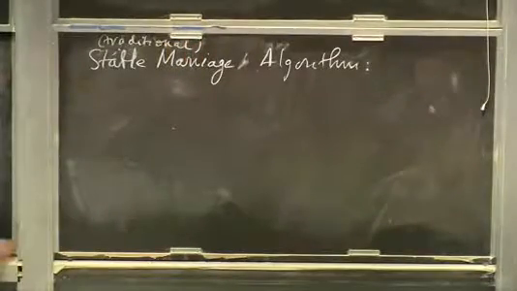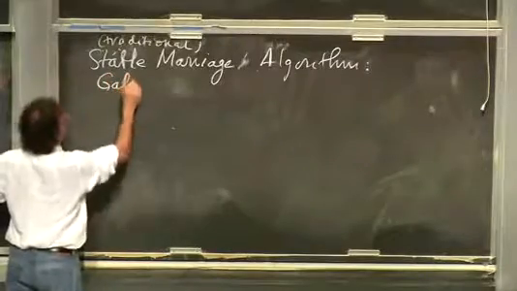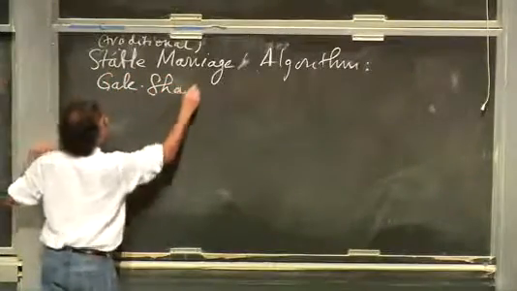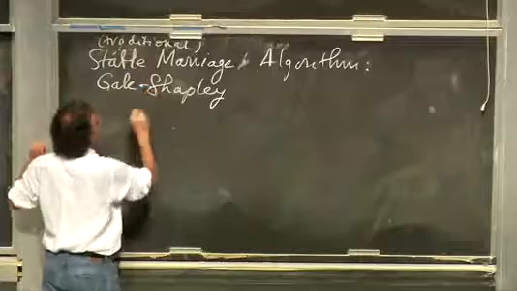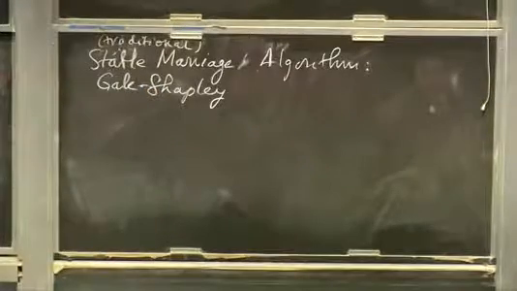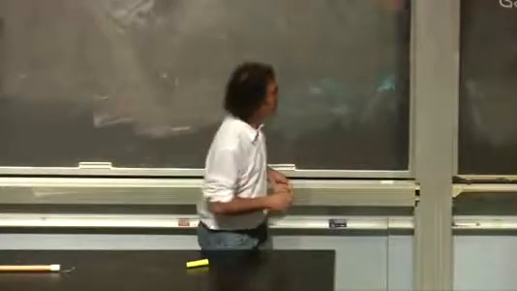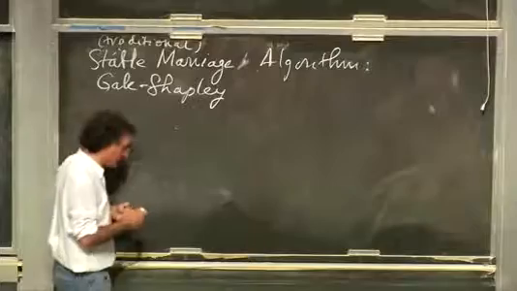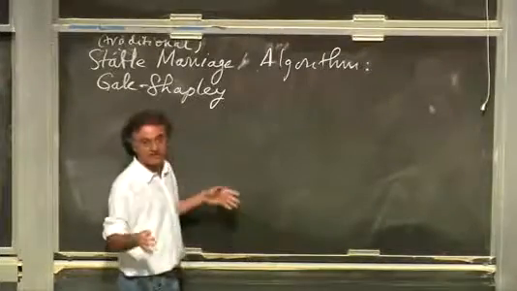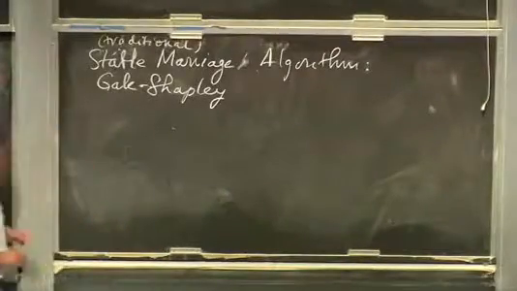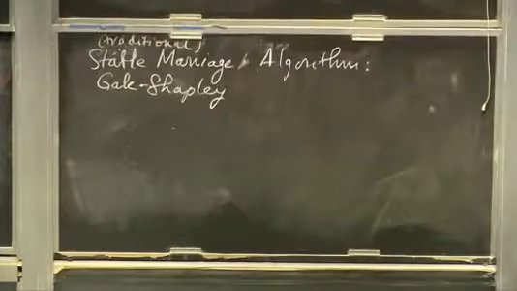Other people call it the Gale-Shapley algorithm, named after the inventors of the algorithm. David Gale was a professor in the math department when he invented this. He was here for many years, and he retired from here, etc. And Shapley is a famous economist.